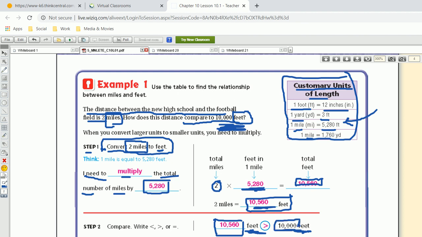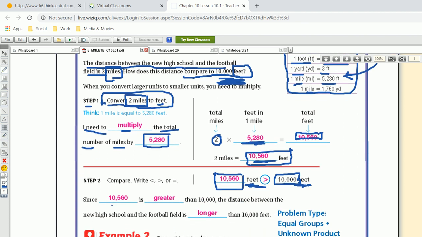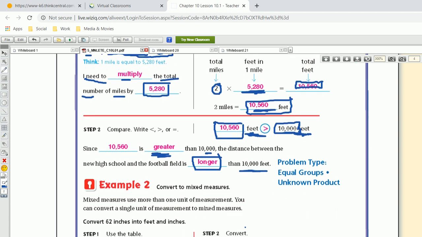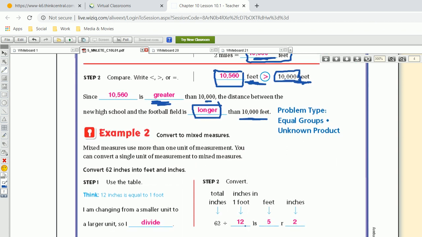The greatest here is of course 10,560. Since 10,560 is greater than 10,000, the distance between the new high school and the football field is longer than 10,000 feet.